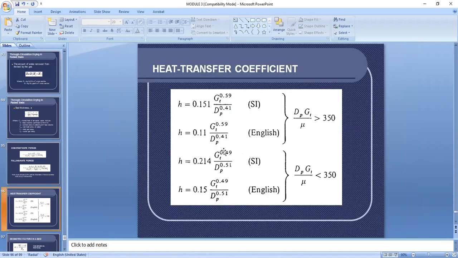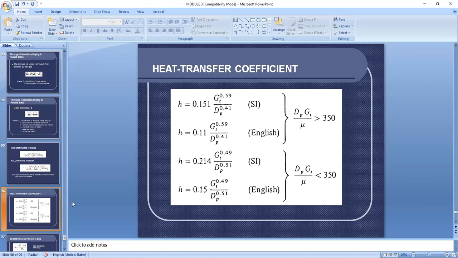This is for your H, and you will use a different formula for the H depending on what set of units your problem is working on. This H formula here is applicable if the particle diameter times G sub T over the viscosity mu is greater than 350. If it's less than that, you use the formula below for the H.